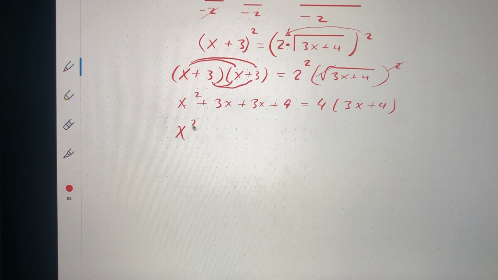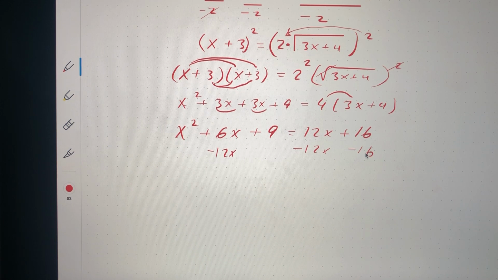So on the left we have 3x and 3x, that's 6x plus 9, and on the right we have 12x plus 16. Moving all the terms to the left, we subtract 12x, we subtract 16, and that makes x squared minus 6x minus 7 equal to 0.